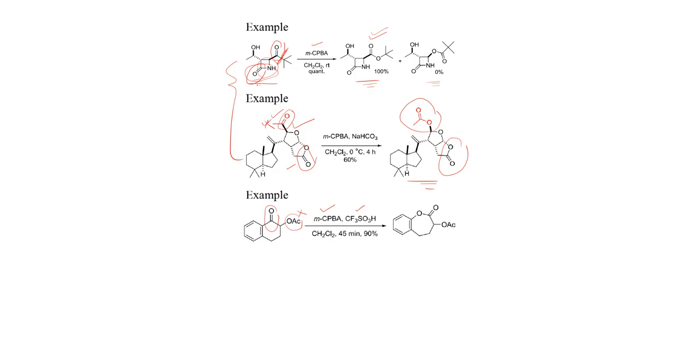So now the question is whether this group will be moved towards the oxygen atom, or this group will be migrating to the oxygen atom. So in this case, the aryl group will be migrated because it stabilizes the positive charge or carbocation.